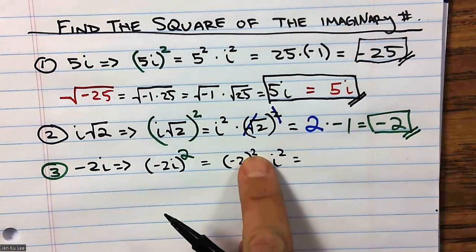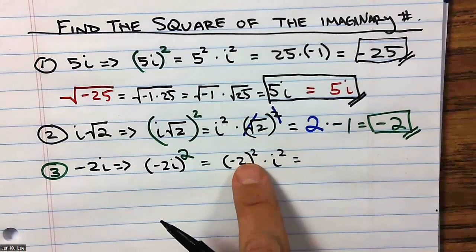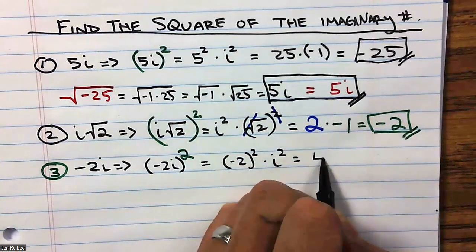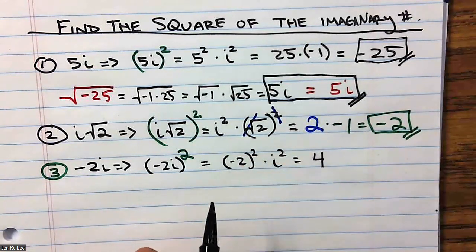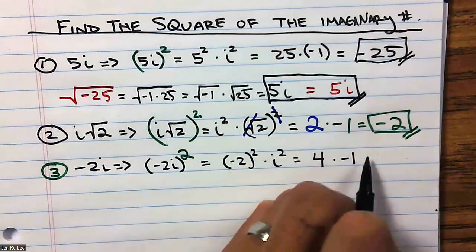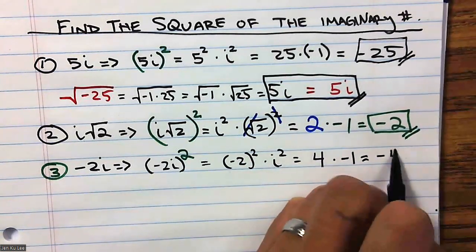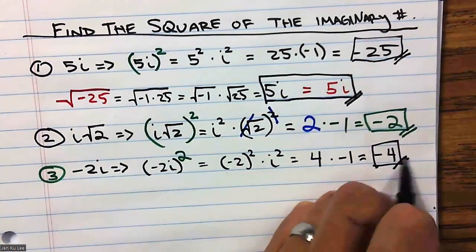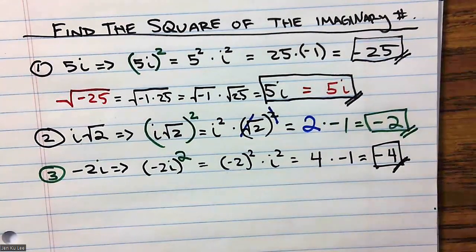What is negative 2 squared? 4. Negative 2 times negative 2 is positive 4. i squared is negative 1. So that would be negative 4. Okay.